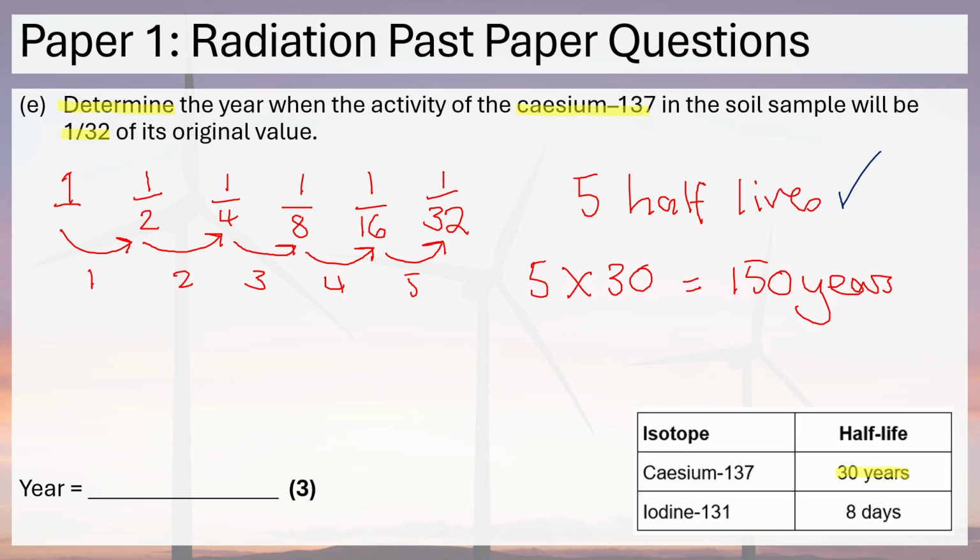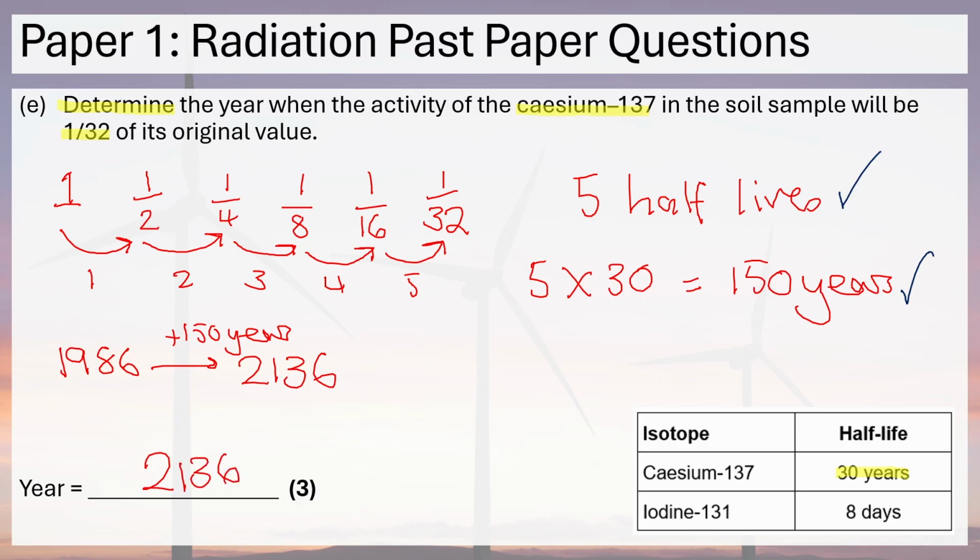Again, you get a mark for calculating that bit. And then the third mark is working out from 1986. We've got to add 150 years, which will take us through to 2136. And there is your final answer, and that is your third mark.